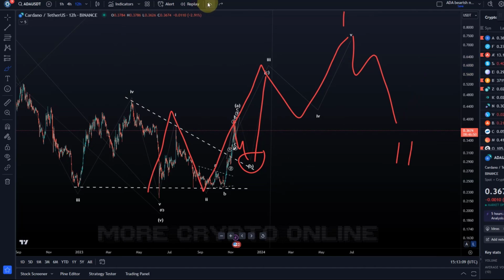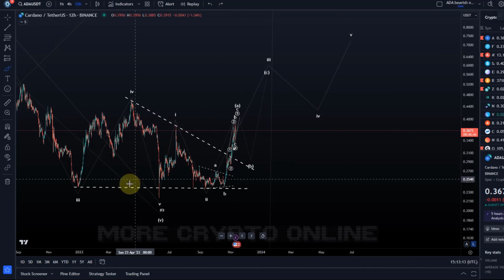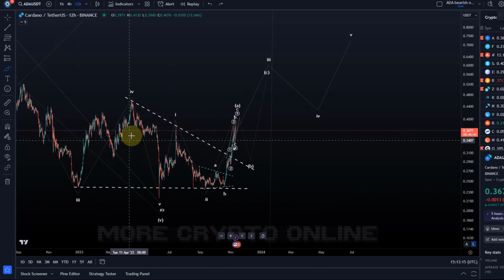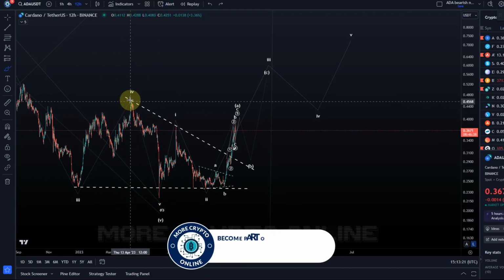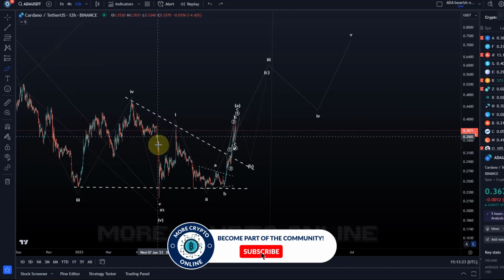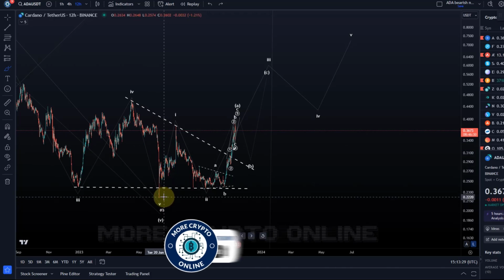Fine. However, this would be also possible within a bearish pattern, because due to this move down that happened on the 11th of June, I don't have a clear bottoming structure. Why? Well, the last breakdown was just in 3 waves. We ideally need to see 5 waves down as the last wave.